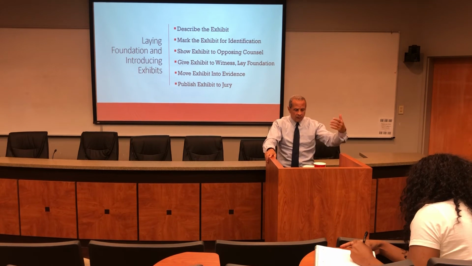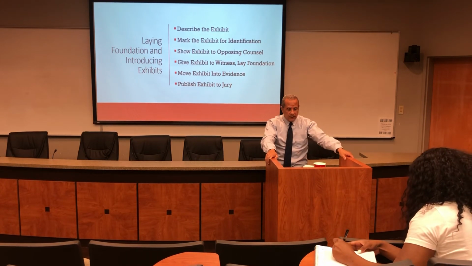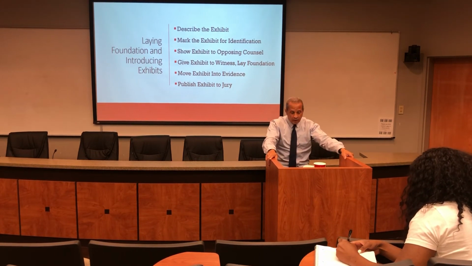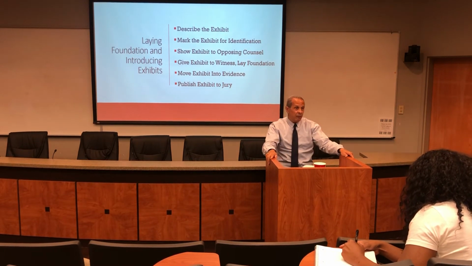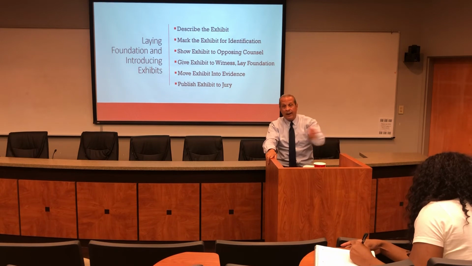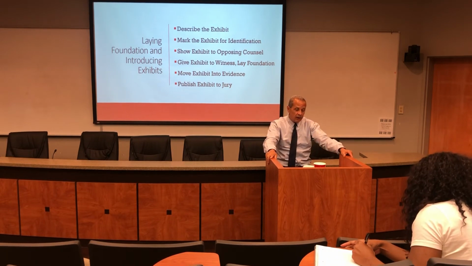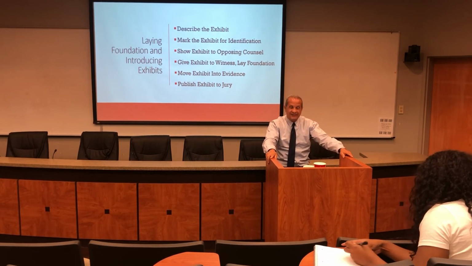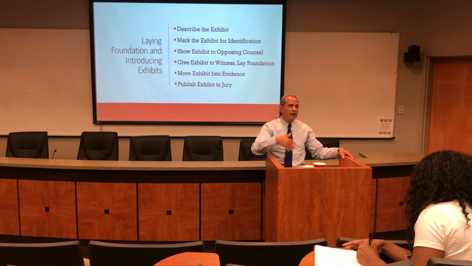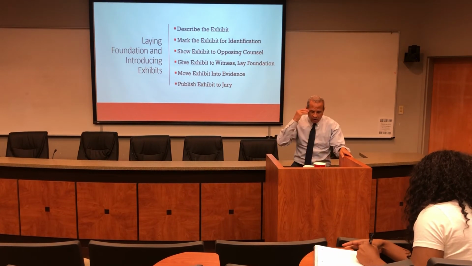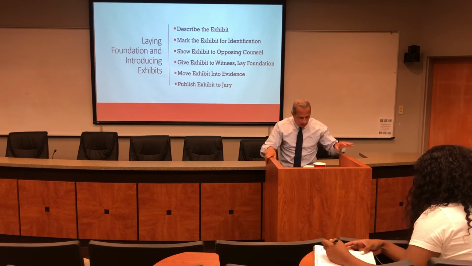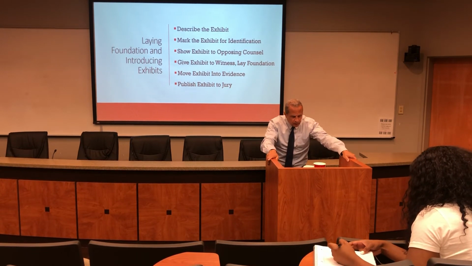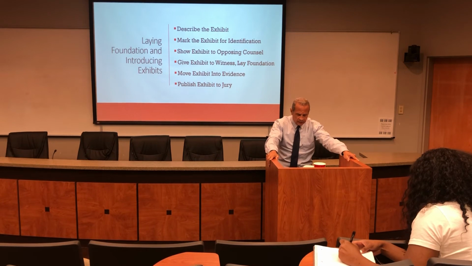It could be, for example, on personal observation of the document being prepared or signed, or a lay witness's opinion on the handwriting contained in the document, or an expert's opinion on the handwriting, or distinctive contents of that handwriting. I would just refer you to Article 901 to see the various ways in which documentary evidence can be admitted.